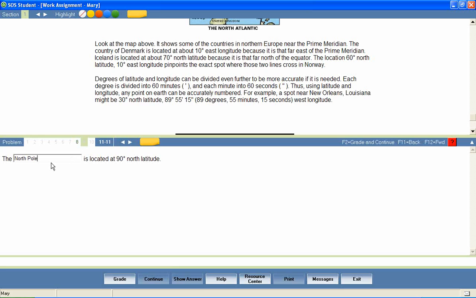Answers are automatically saved as the student works through the questions, and immediate feedback is given after each question has been answered.